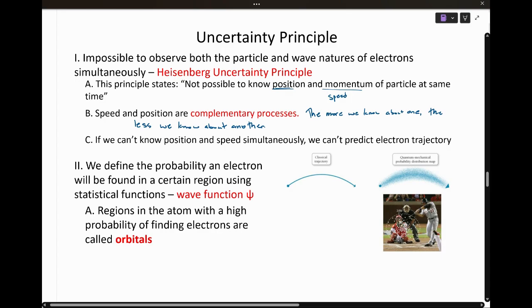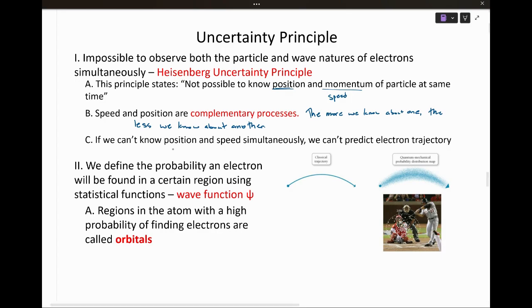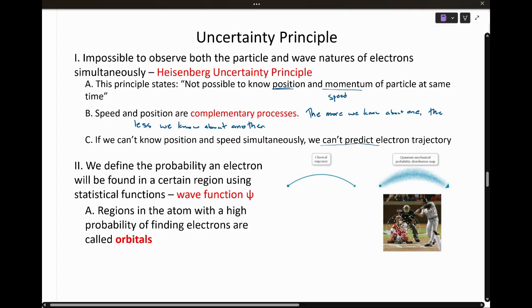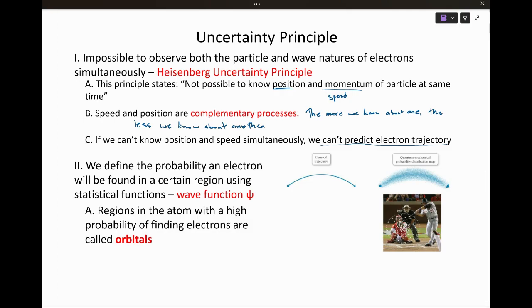And so what that means is that if we can't know both the position and speed simultaneously, we can't exactly calculate the trajectory of an electron.